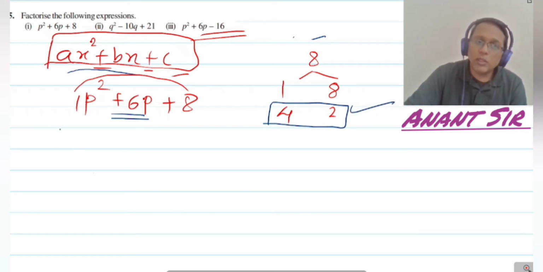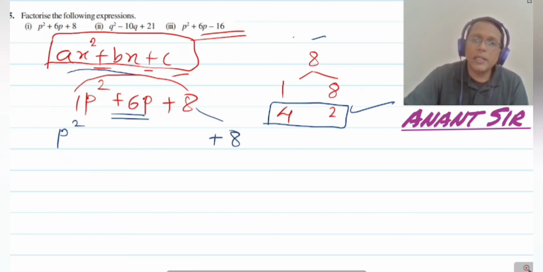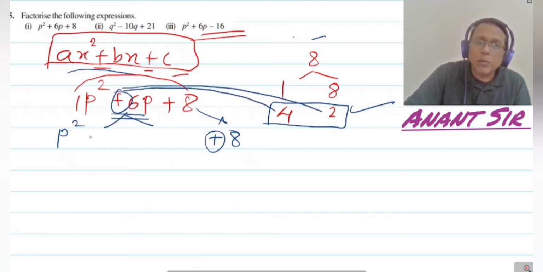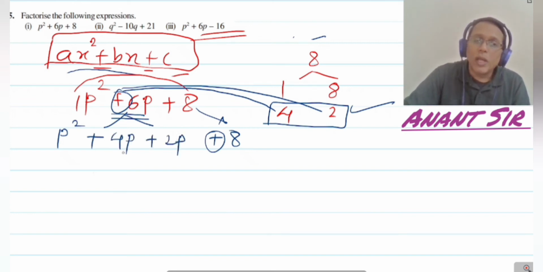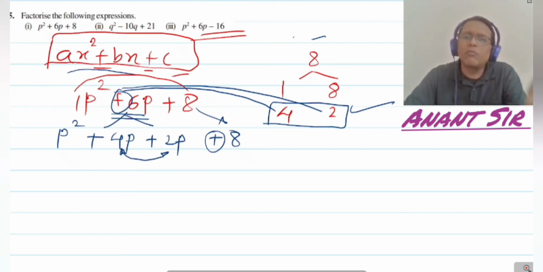How do I solve this further? I write the first term as it is and the last term as it is. And then, as the last term is positive, I am going to give the sign of the middle term to both the numbers. So in place of 6p, I am going to write plus 4p plus 2p. Now in plus 4p and plus 2p, you can write any term first, no problem.